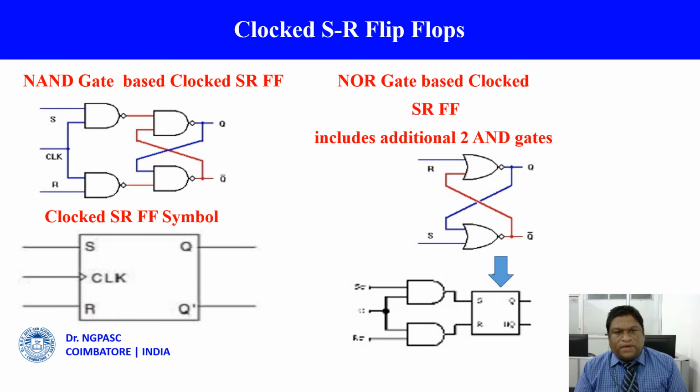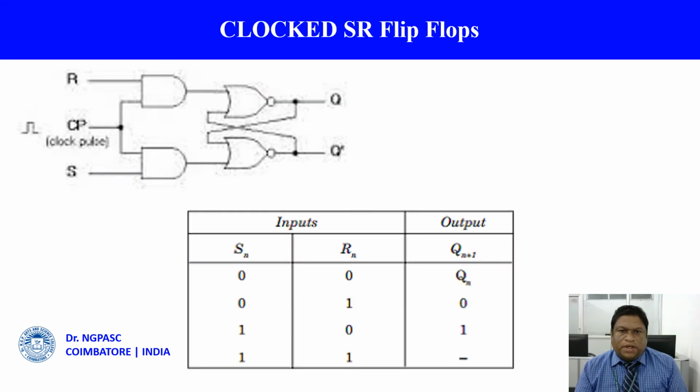So here we have 4 NAND gates combined together to make a clocked SR flip-flop. So here you can see the clocked SR flip-flop final output, the truth table of that. Here you see that both inputs are 0, which means it attains the previous value.